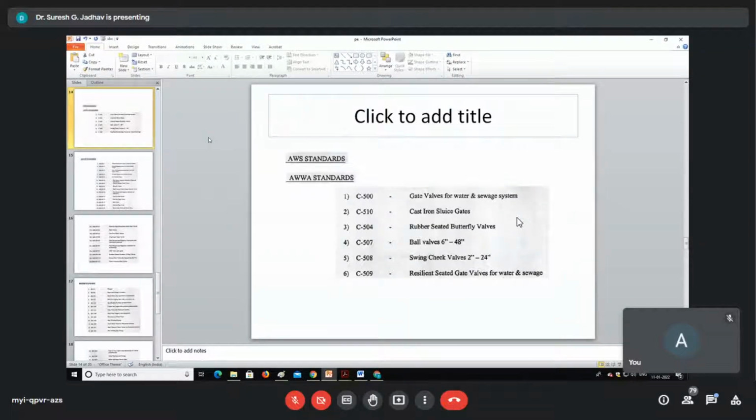The AWS standards provide the testing and inspection of welds and guidance on the application and use of welds. Here we can use individual electrodes. Some electrode manufacturers have given their own brand names.